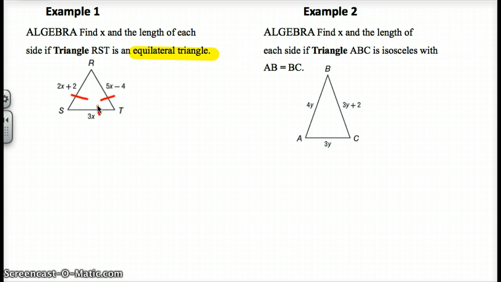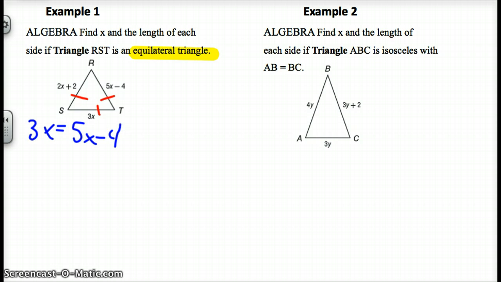So to find x, you're going to need to write an algebra equation. Now, you can pick any two sides and set them equal because all three sides are equal. I'm going to pick 3x, and I'm going to set it equal to 5x minus 4. And again, if you've chosen two different sides, you're going to get the same answer.